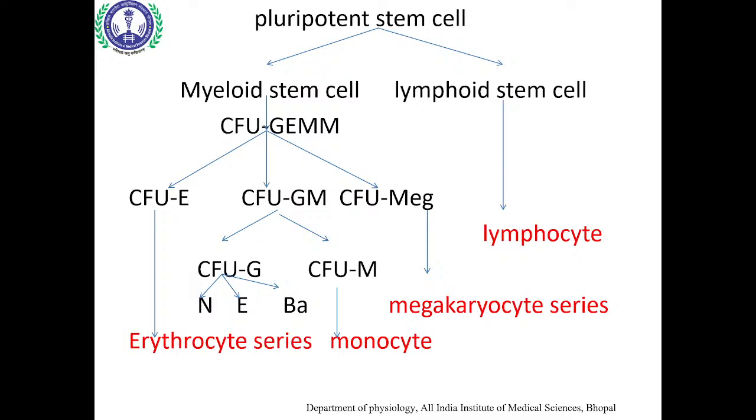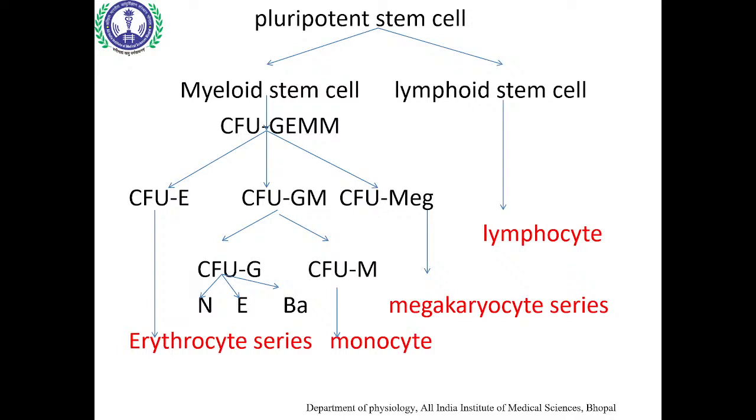We have already discussed these are the different lineages. So we have pluripotent stem cells from which any types of hemopoietic cells can generate. Then these are divided into two types: myeloid stem cells and lymphoid stem cells.